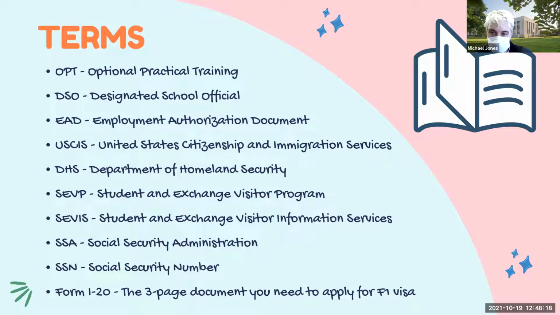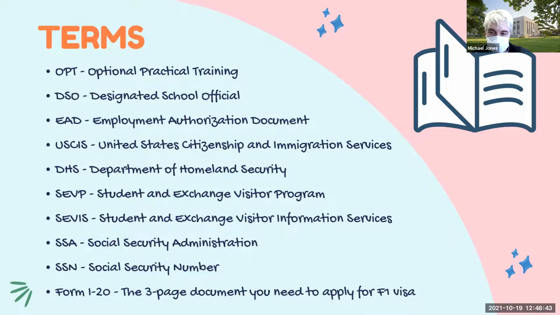SEVP stands for Student and Exchange Visitor Program. That's the F1 student program that DHS oversees. SEVIS stands for Student and Exchange Visitor Information System, and that is the database that holds all the information for your I-20. And it's within SEVP, which is within DHS. The SSA stands for Social Security Administration.